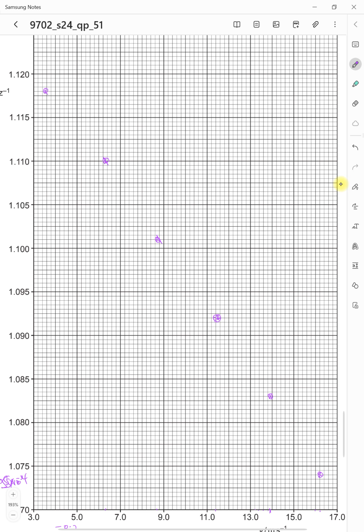On paper, it is easy to make judgment, but on computer, it is really very hard to make judgment for the line of best fit. But the major point is that the points should be well balanced above and below the line. So I'm going to take this one as my line of best fit.